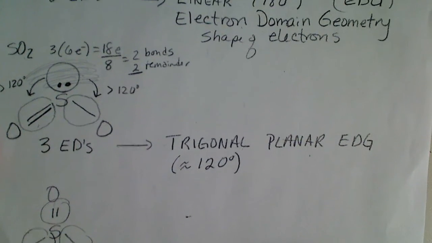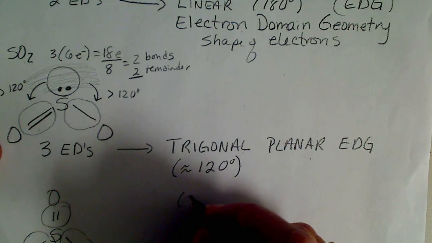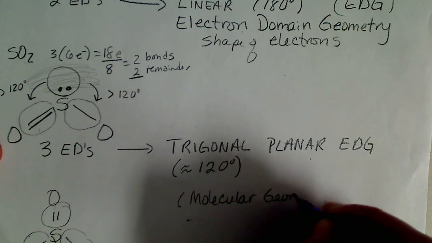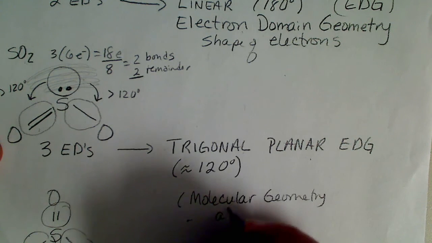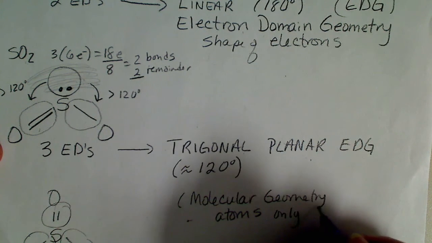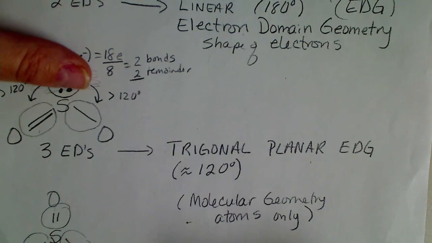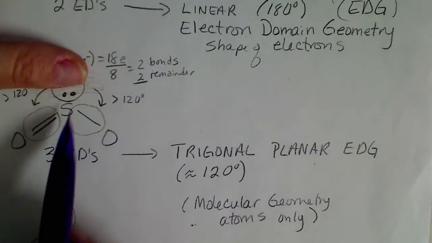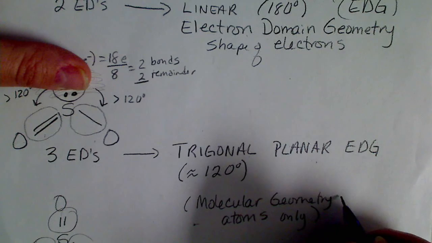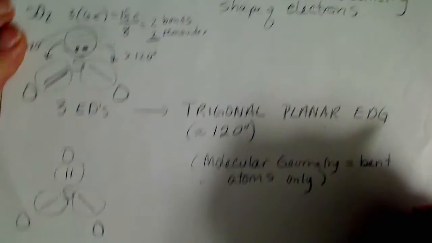The molecular geometry is a little bit different, and that's not really the focus here, but I'll go ahead and state that. The molecular geometry is the atoms only. So when we do X-ray crystallography on a sample, the electrons don't show up. So the shape of the molecule itself, you may remember this from another class, this would be bent.